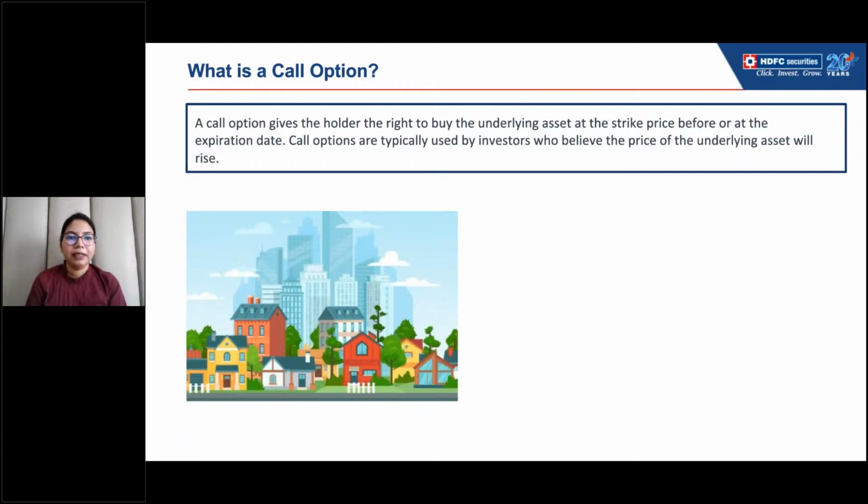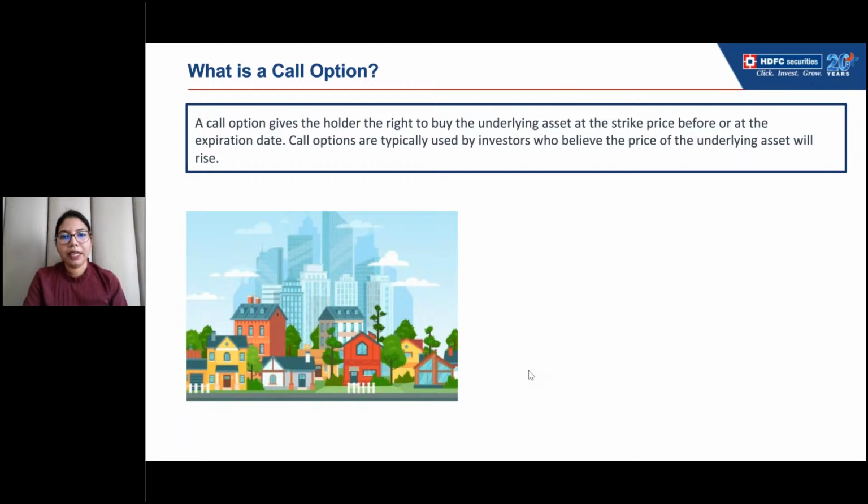सेम एग्जांपल ले लेते हैं. आपको कोई प्रॉपर्टी में इन्वेस्ट करना है, ऑलराइट? कोई एक एरिया है, सिटी से थोड़ा दूर है, बट इसमें एक न्यूज है जो आपको पता चल गया. It is not out yet, okay, but the news is that there is a big IT park coming, okay, near to this particular area. तो जब आईटी पार्क आएगा, प्राइजेस क्या होंगे? राइज होंगे, करेक्ट?